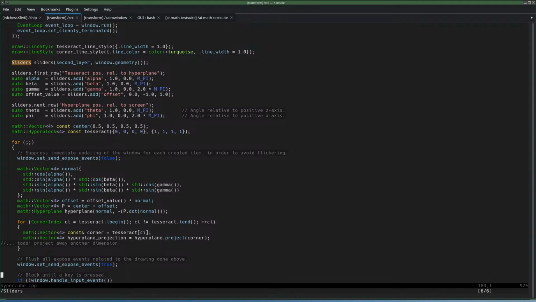I kind of need a coordinate transformation here. I mean, that would make things a little bit easier.